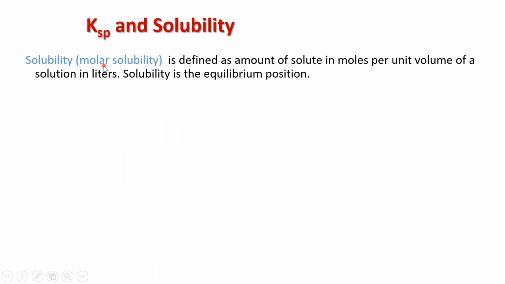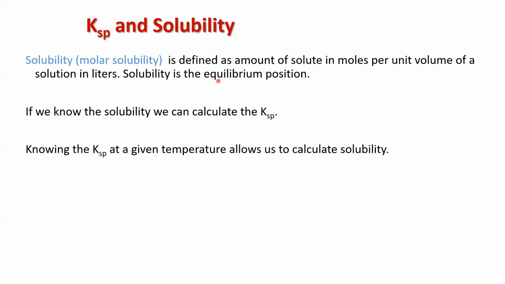So the molar solubility is defined as the moles of solute per volume of solution, or the molarity. And the solubility is the equilibrium position, how much of it actually dissolves. If we know the solubility, we can calculate the Ksp.